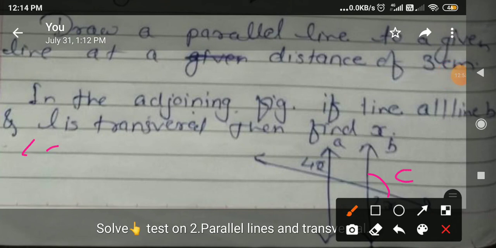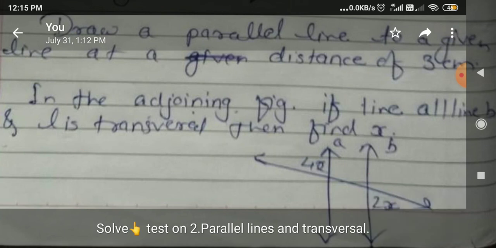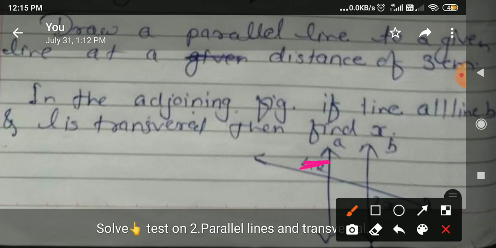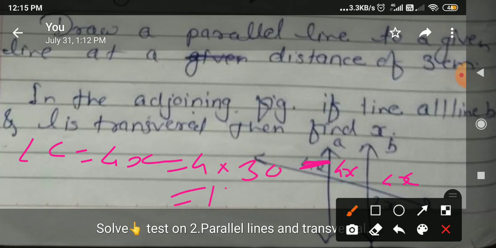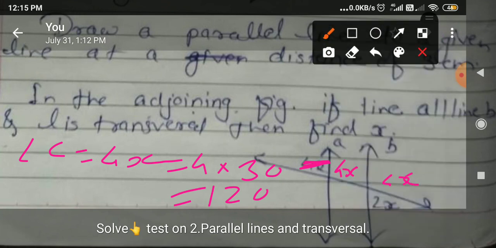So angle C is equal to 4x, which is 4 into 30, equal to 120. And if they ask the measure of the other angle, suppose its name is D, then angle D is equal to 2x, which is 2 into 30, equal to 60.